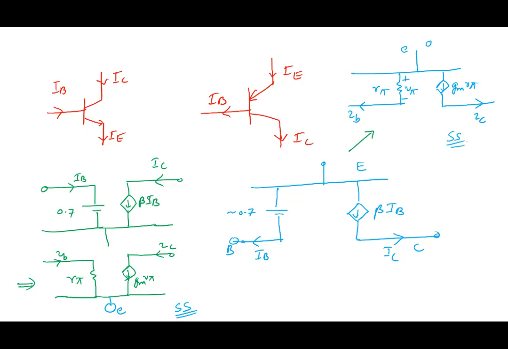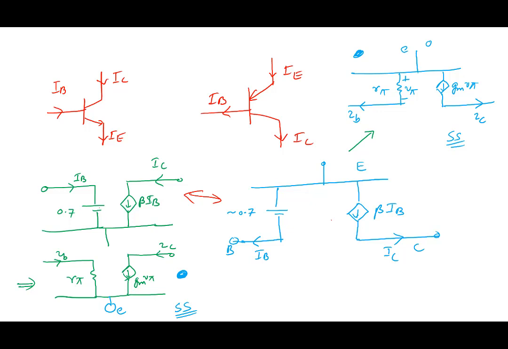Now if you compare the two, compare this model here and this one, let me say they are exactly the same. Do you see any difference? Actually compare the two. This is nothing but the DC model. Is there a difference between the DC models? Obviously.